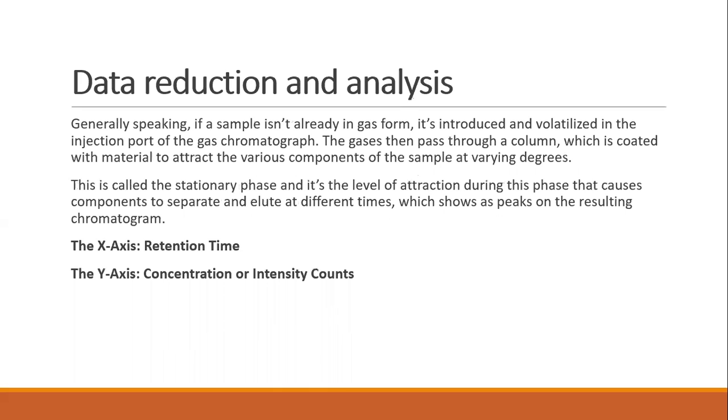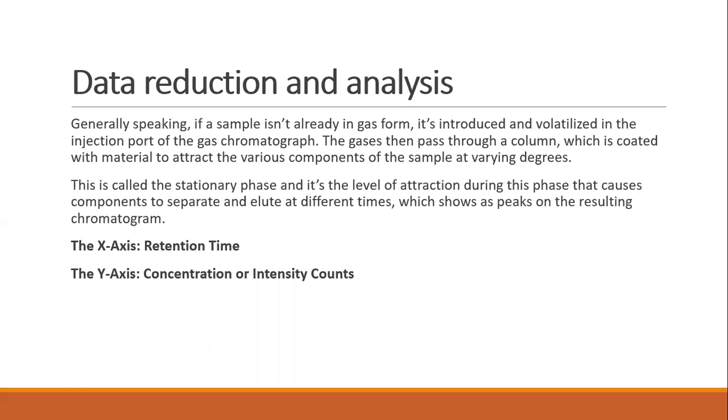Now move on to the next point, which is data reduction and analysis. Generally speaking, if a sample is already in gas form, it's introduced and volatilized in the injection part of the gas chromatograph.